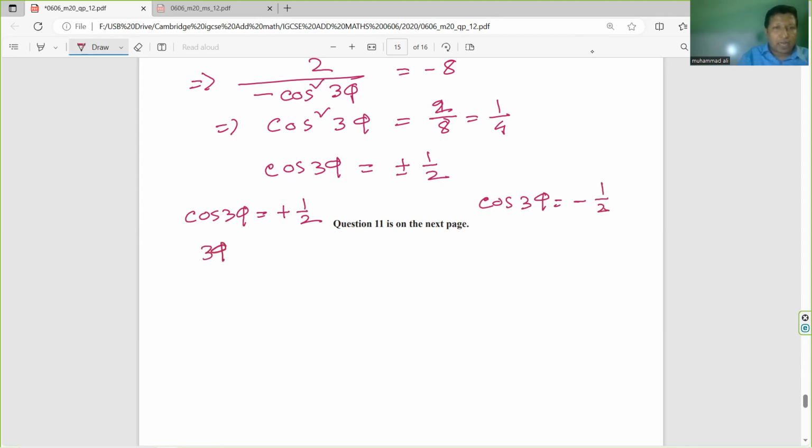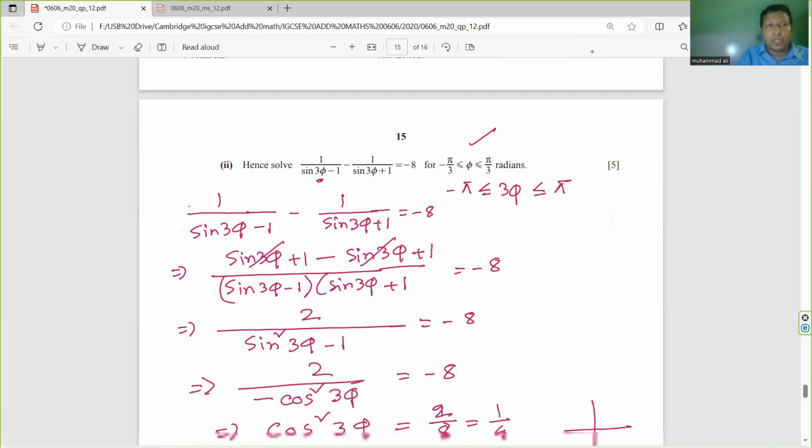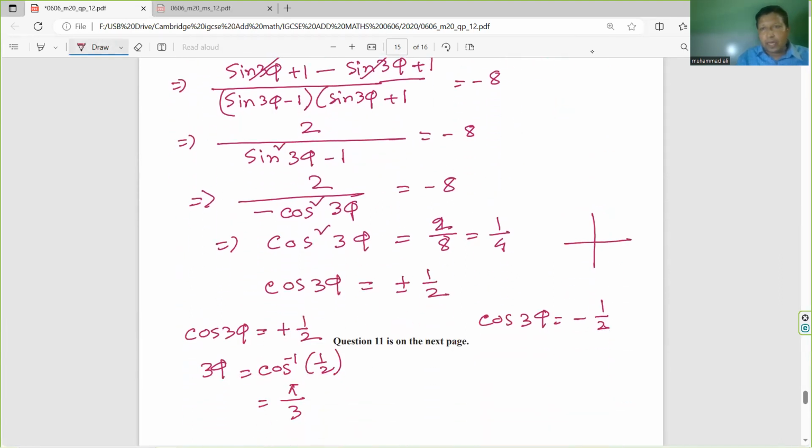So 3 phi equals cos inverse 1 by 2, so we get pi by 3. Where is cos positive within minus pi to pi? Our interval is minus pi to pi.